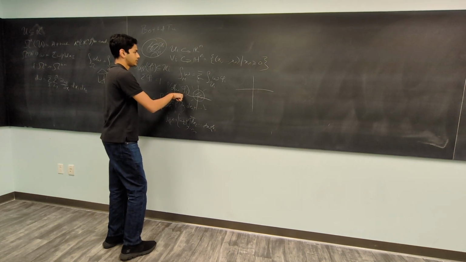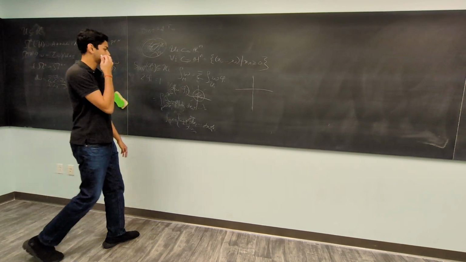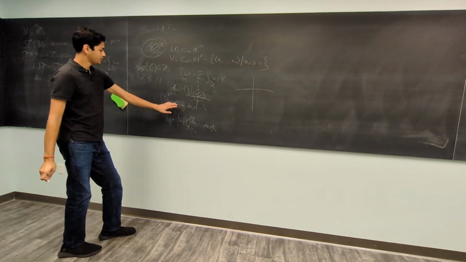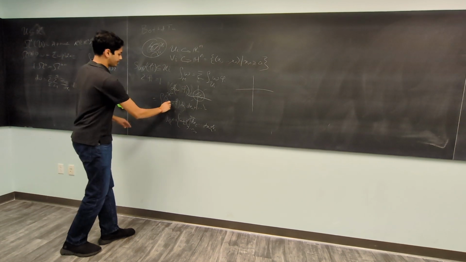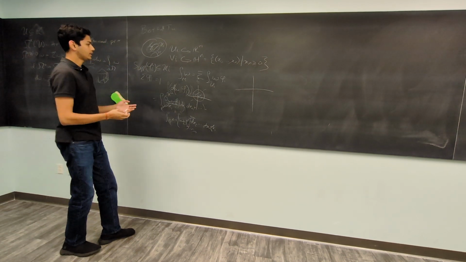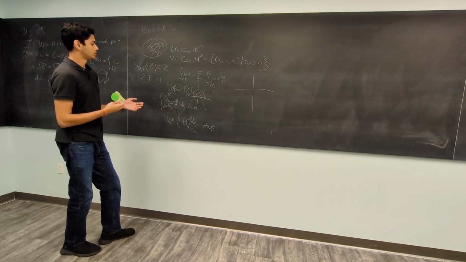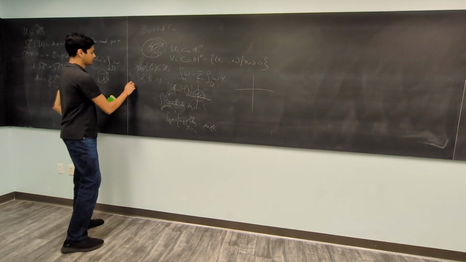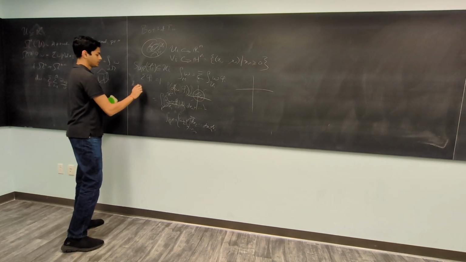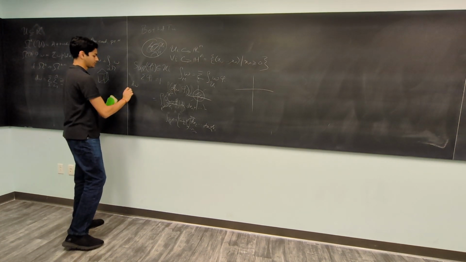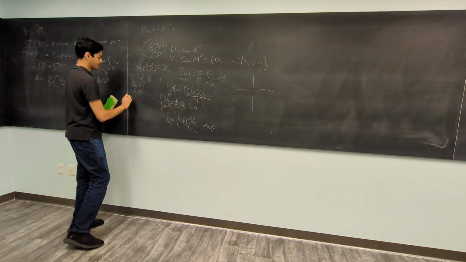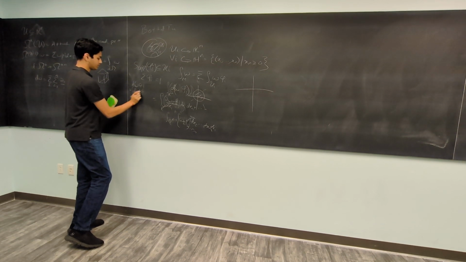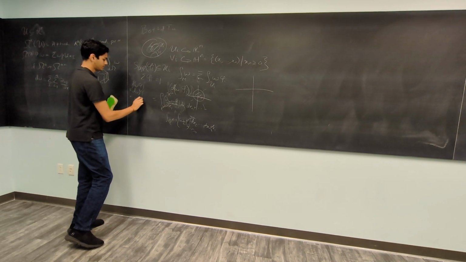You actually take the whole thing under the d, and the point is that you can show that d of omega times phi is equal to d omega times phi plus omega d phi.